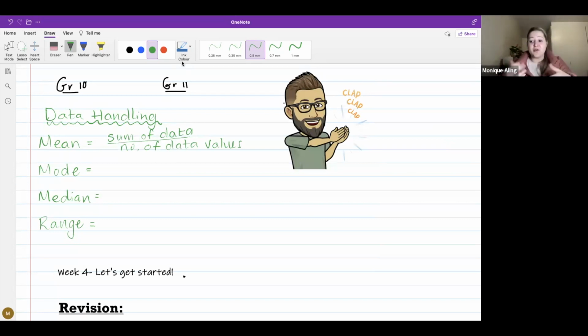Okay, so mode, most sounds very similar. So the number that we see the most or that occurs the most. Median, what's our median? Good, well done. It's our middle number.